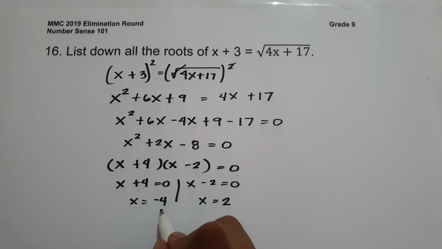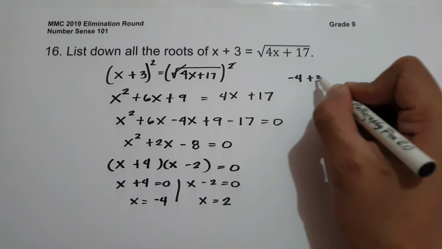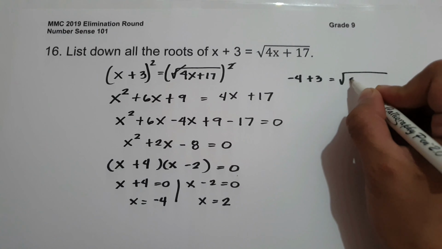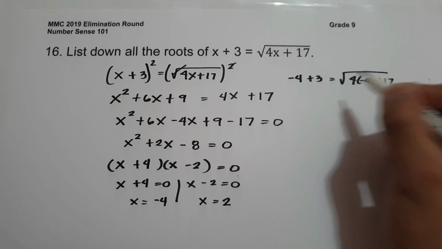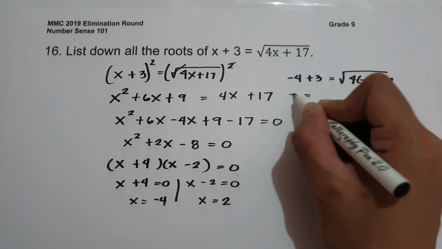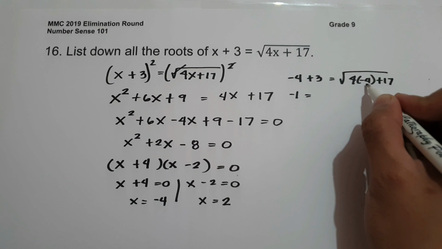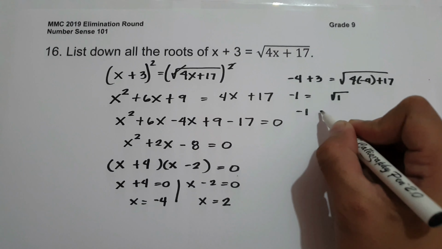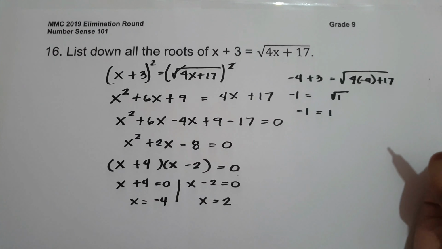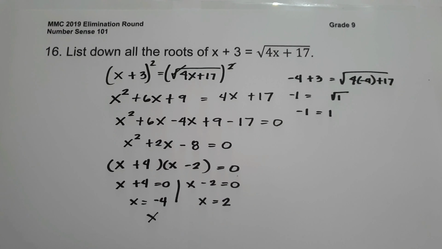If you are going to substitute negative 4, you are going to have negative 4 plus 3 equals square root of 4 times negative 4 plus 17. So this will be negative 1. And this will be 4 times negative 4, that is negative 16 plus 17, that is square root of 1. So you're going to have negative 1 equals 1. So therefore, negative 4 is not included in the solution.